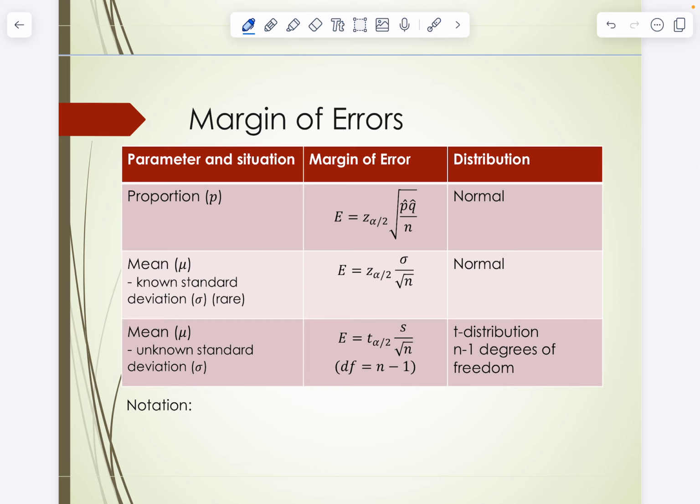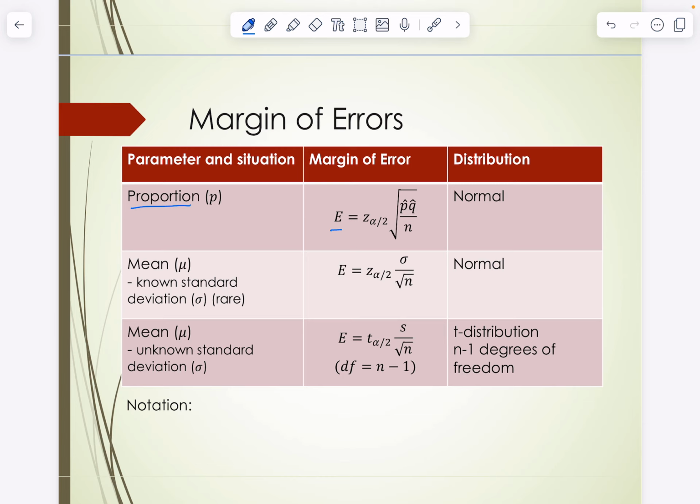Here are the margin of errors for the 3 situations that we will consider in this chapter. The first situation is that we're trying to estimate the population proportion, denoted by p.